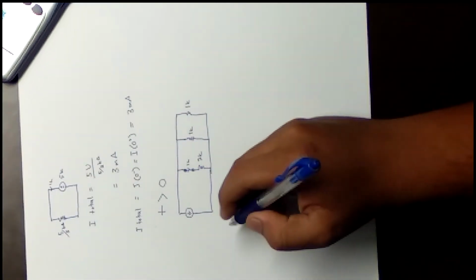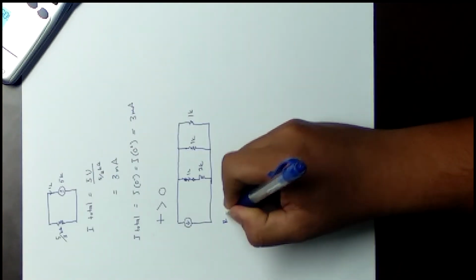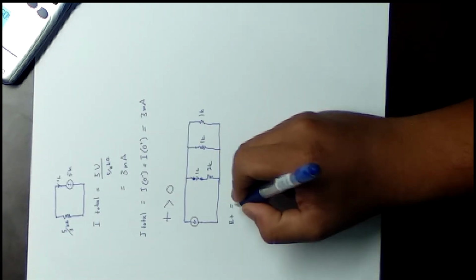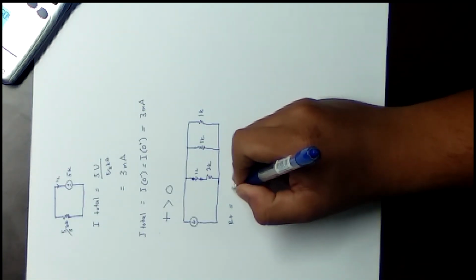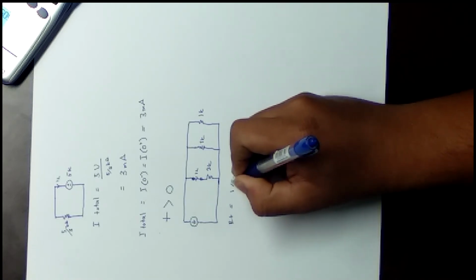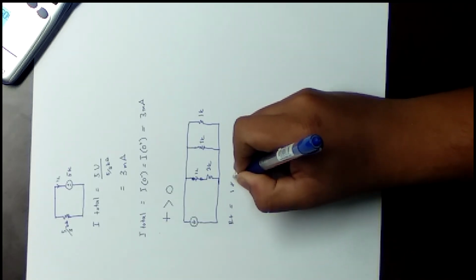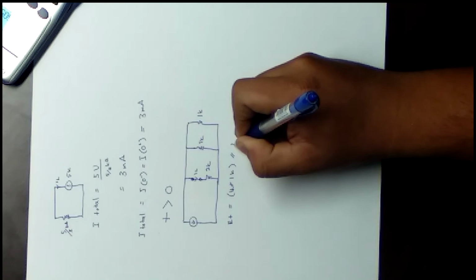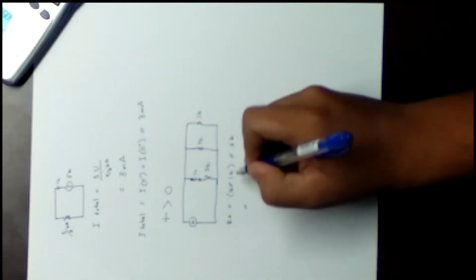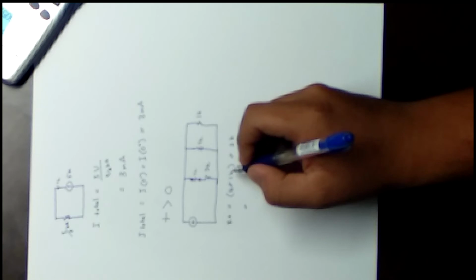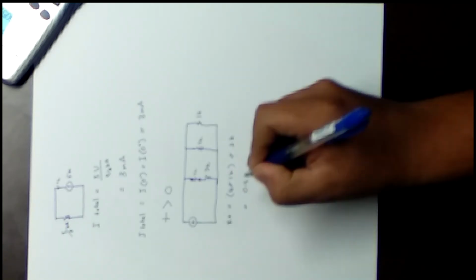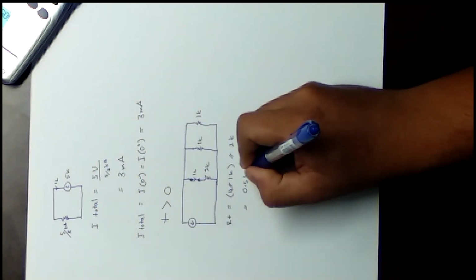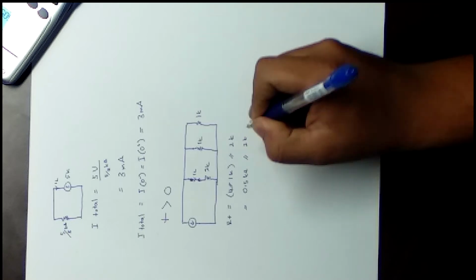First of all, we must find the R total. R total is equal to 1K parallel by 1K, and then parallel by 2K. We can take, what we say in Malay, congak, we can get 0.5 kilo parallel by 2K.